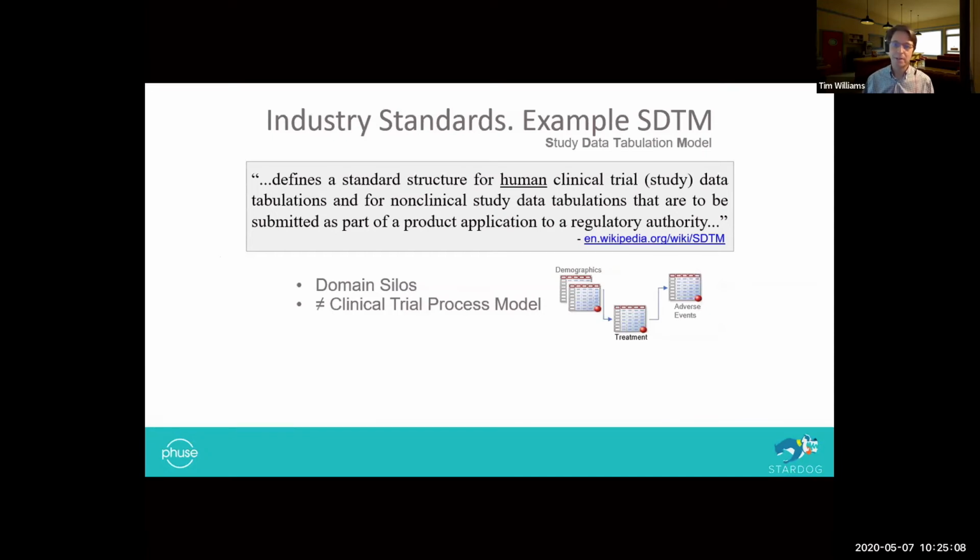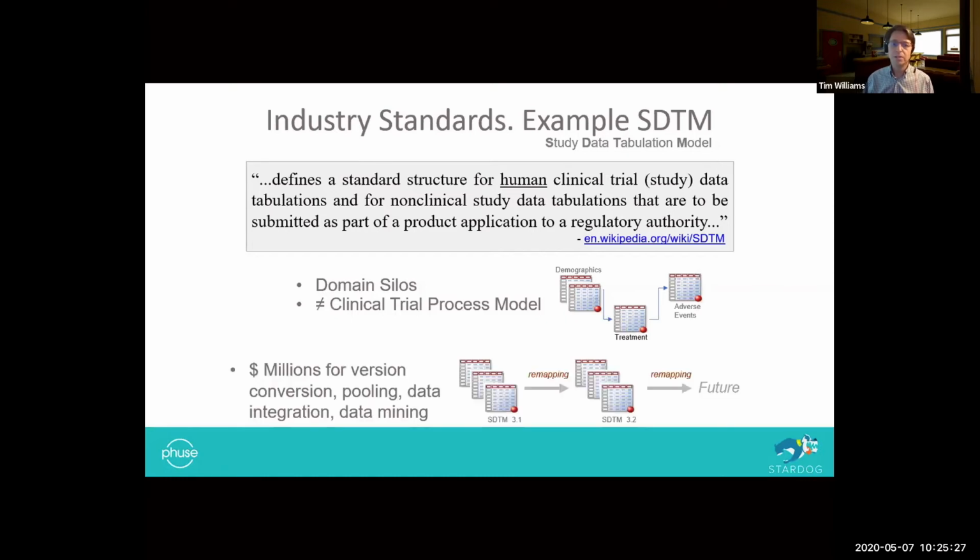This means that the demographics domain file must be joined to the treatment domain file, to the adverse events file, and more to perform an analysis. These are domain silos, with files that do not reflect the clinical trial process through which the data was collected. So a lot of context and meaning is not available. Also, companies spend millions of dollars converting tabular data to the latest tabular standard when a new version of a standard is released.